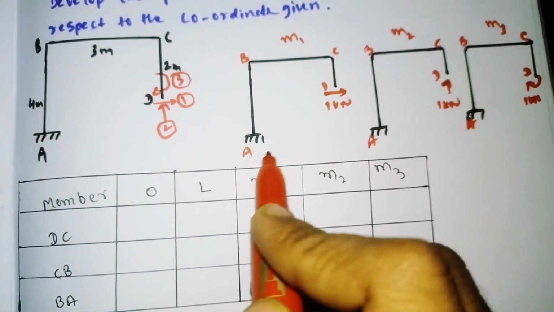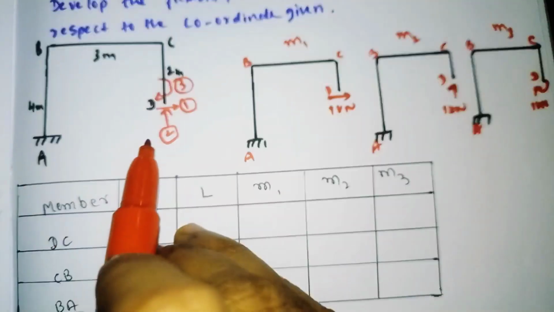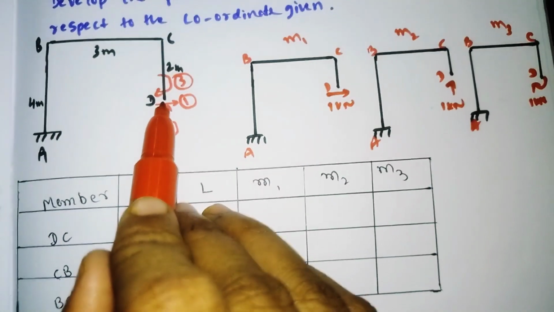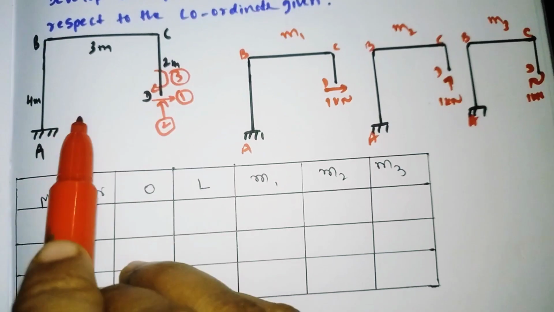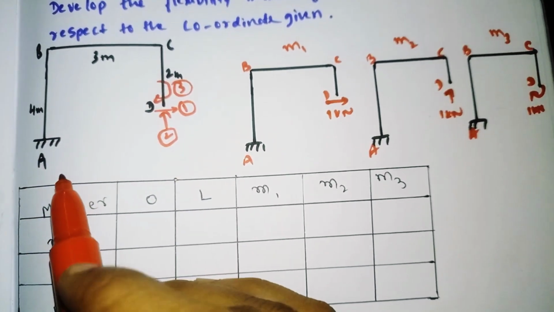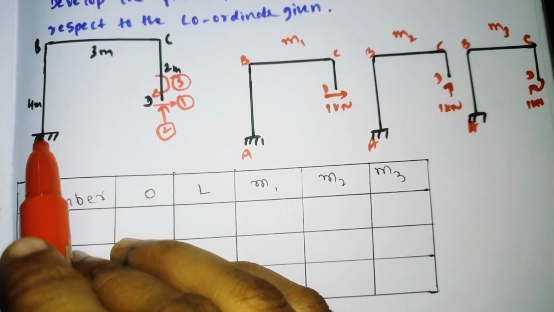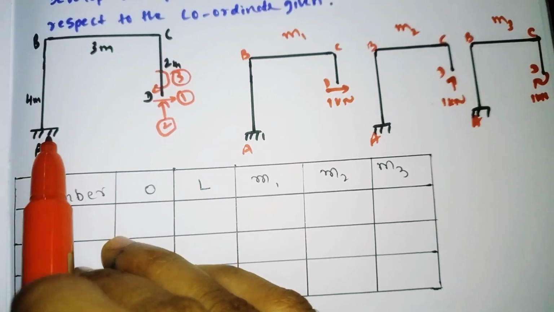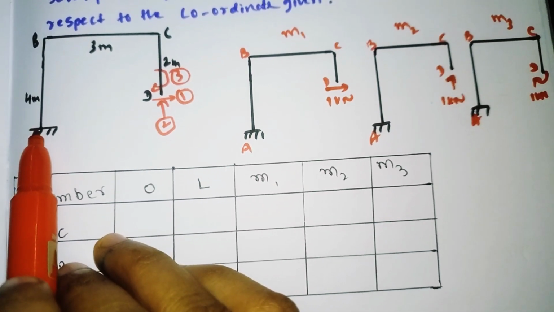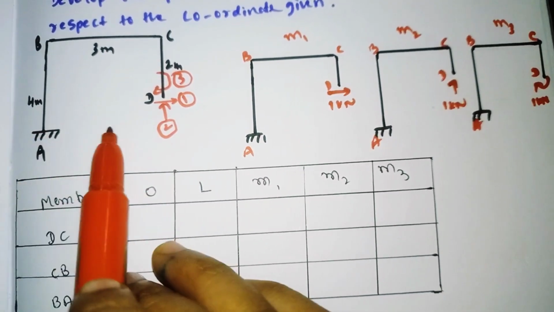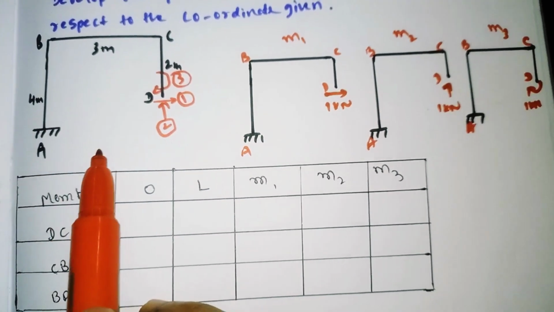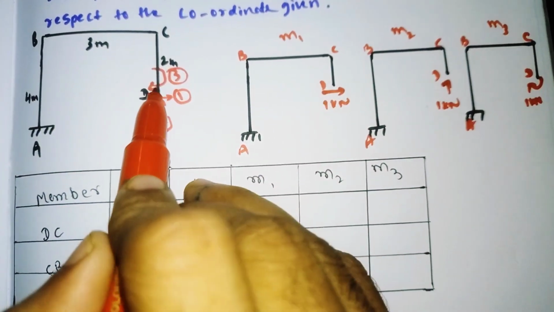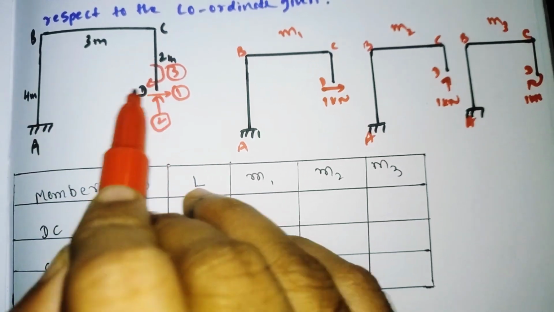To skip this calculation, I am calculating from here to here, anti-clockwise. If you have to calculate the reactions, then you need to go from left side to right side, here to here, clockwise. Only to skip this calculation, here I am going from this side to this side, anti-clockwise.